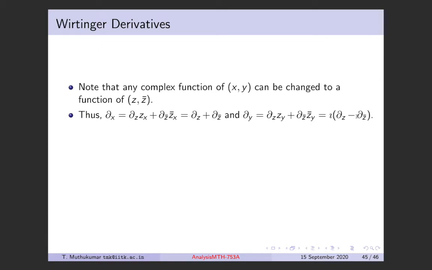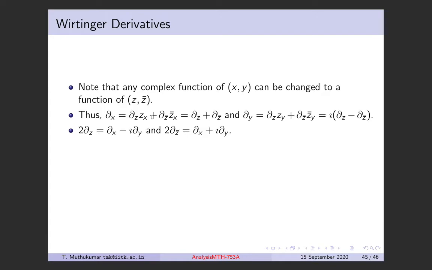Okay, so this is a relation that we have if you imagine x and y as functions of z and z bar. Because now you have two equations, using this you can define the notion of partial derivative with respect to the z variable and partial derivative with respect to the z bar variable in terms of the partial derivatives in x and y.